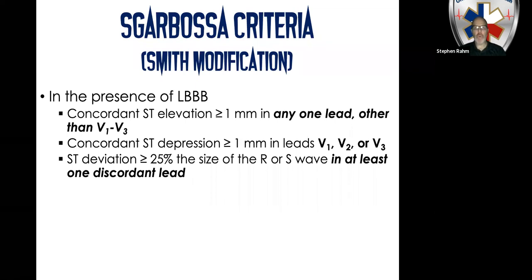So that could mean a QRS going up and an ST segment going down, or a QRS complex going down and an ST segment going up. Any discordant lead in which the ST deviation is 25% or greater the depth of the S wave or the height of the R wave, and what he called the modification or the ST to S ratio. So this is what the modified Sgarbossa criteria look like. I don't know that every physician is familiar with this.